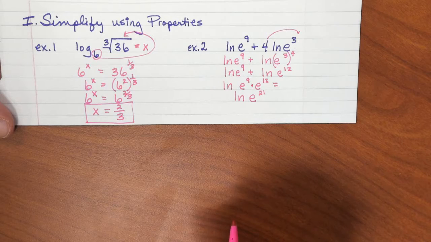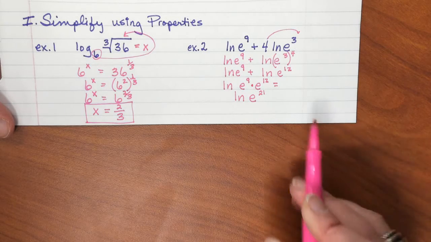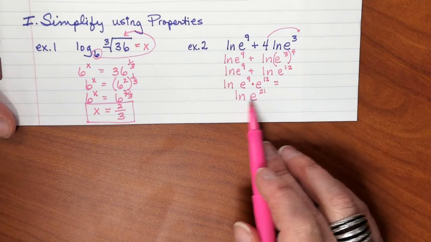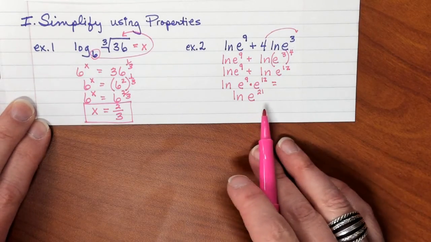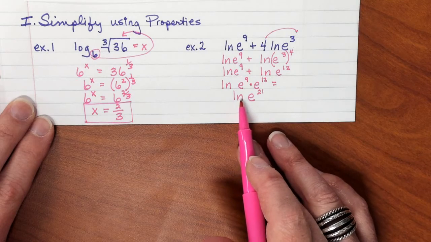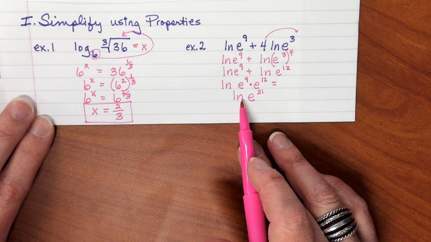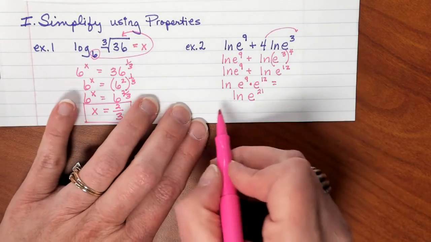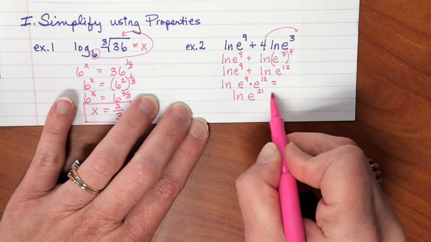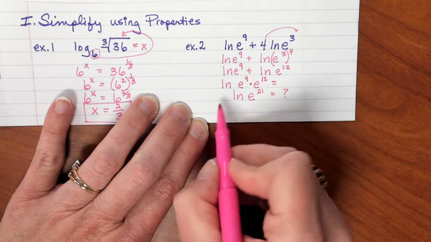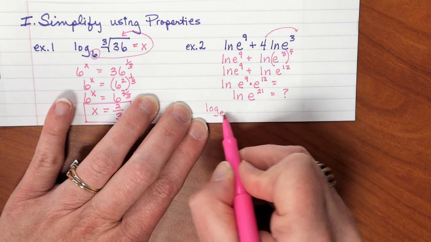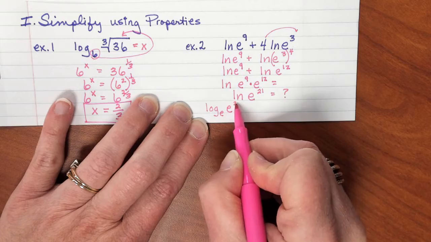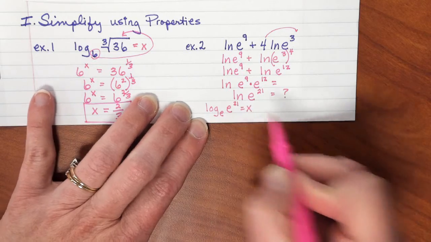And if you don't remember from your properties, I can look at that and I know exactly what the answer is. If you forget your properties, but you remember that the natural log is log base e, you can write the natural log, or log base e of e to the 21st equals x.